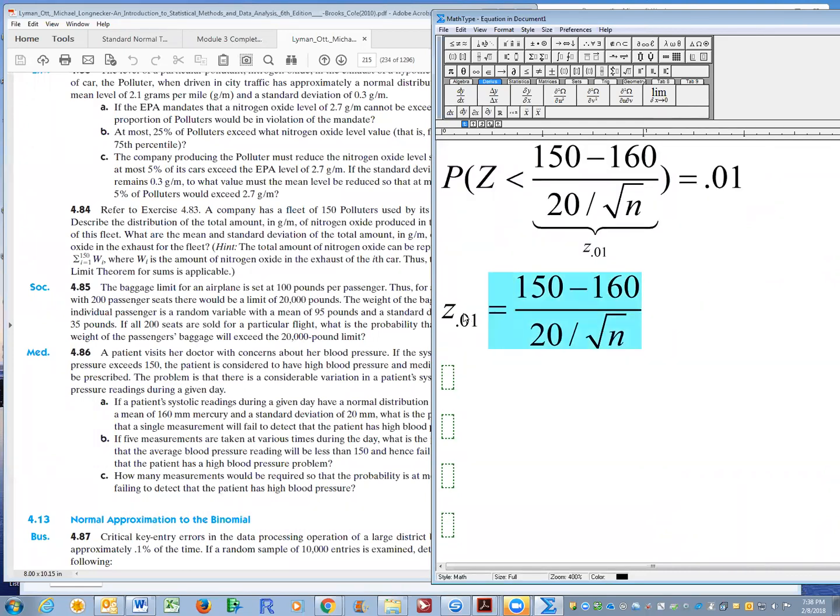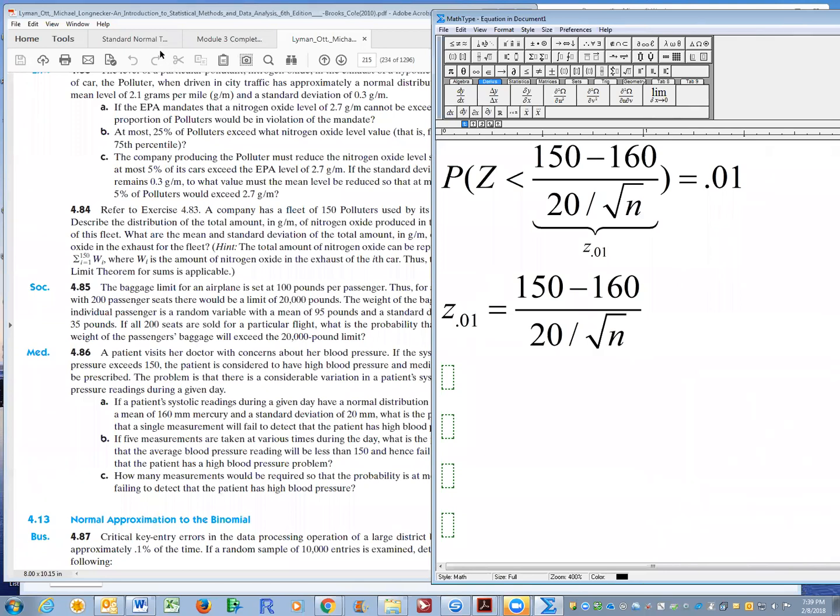You're okay with this equation? Okay, good. So did you find Z sub 0.01? In our book, on the chart? Yes. I want you to think this number is the 99th percentile of the Z distribution.